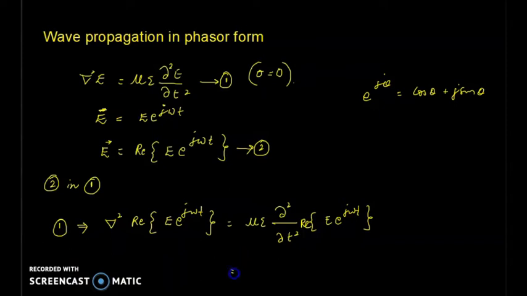Now if I differentiate the right side function two times with reference to time, multiplied by mu epsilon, E is a constant here, the maximum value of the E field, but I am differentiating e power j omega t with reference to t two times. So this becomes j omega e power j omega t into j omega into e power j omega t, so that it becomes the real part of minus omega square e power j omega t.